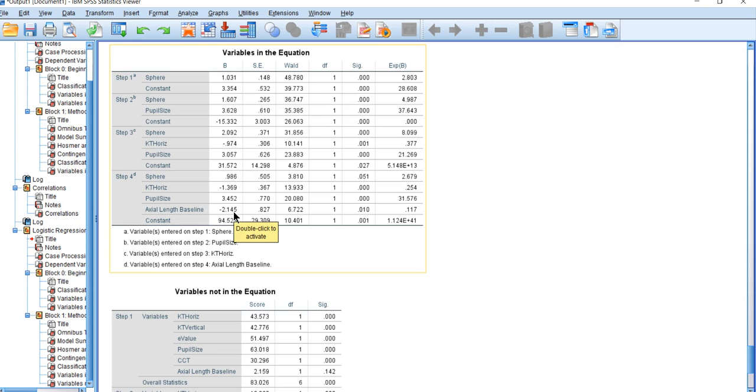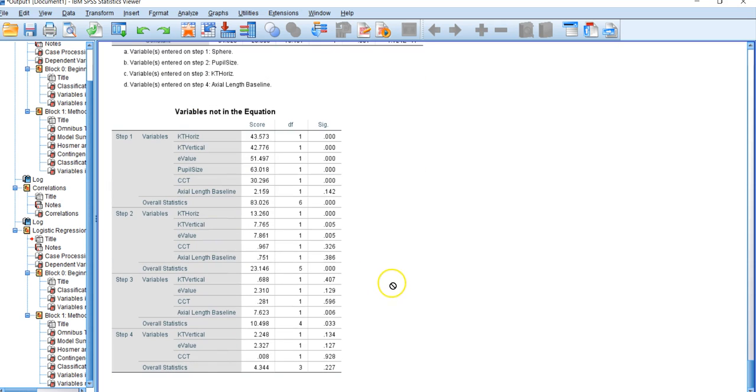So notice that while everybody was significant at the beginning, after 4 steps, you no longer have variables that contribute, because vertical, e-value, and central corneal thickness were all highly correlated with the other values. That does not mean that these are not important variables.